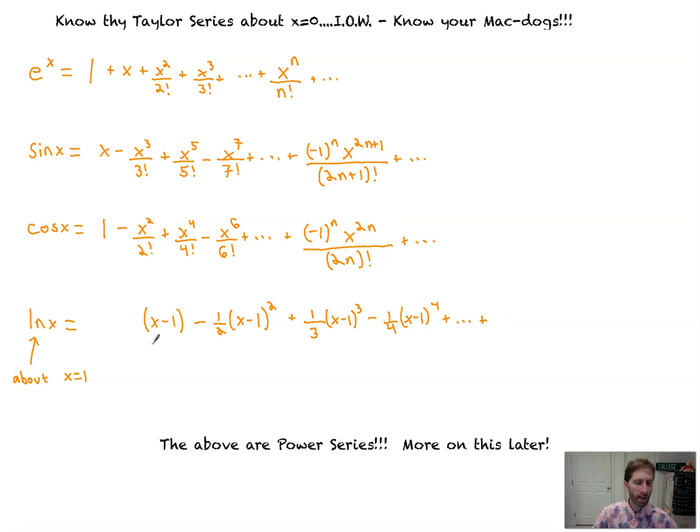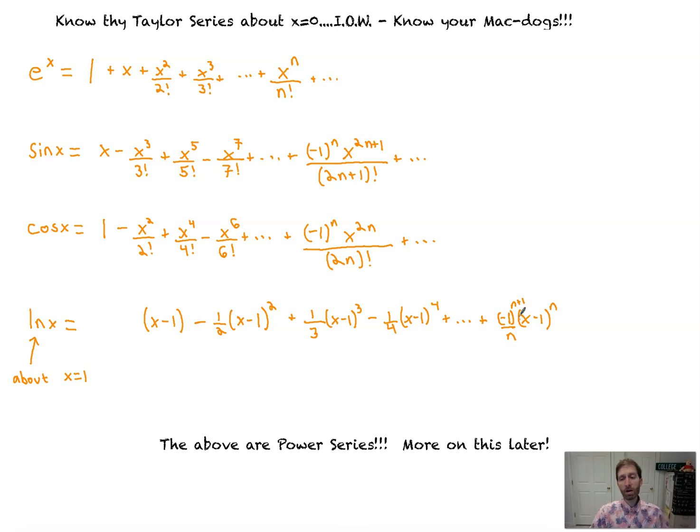Well, what are we alternating here? Well, at n equals 0, we've got that first term, that x minus 1. So we know we're going to have that. In terms of these values, it appears that we've got 1 over n, and it's going to alternate, right? So we're not starting out, unfortunately, with negative 1 to the n, but n plus 1.